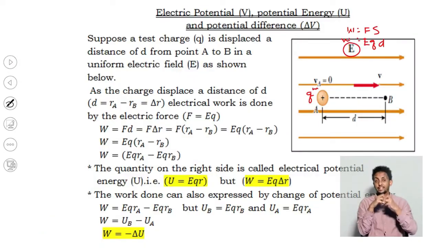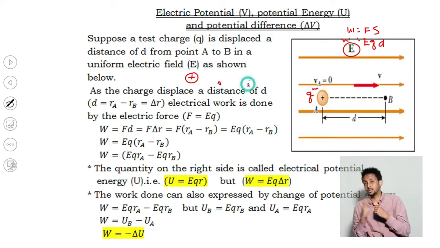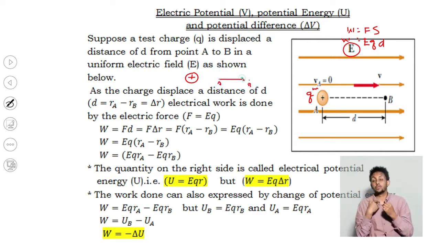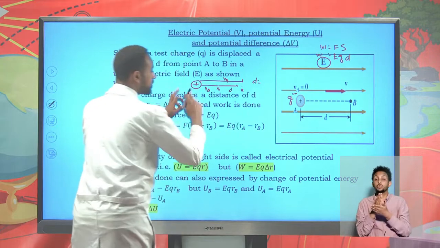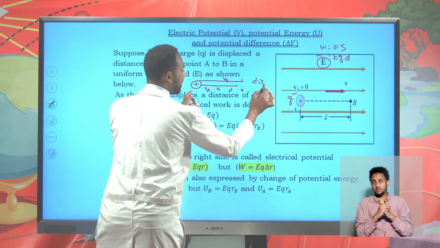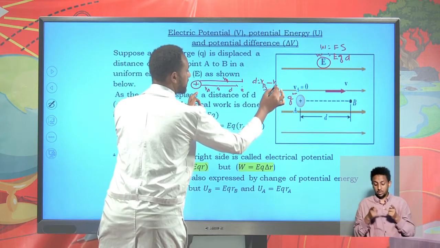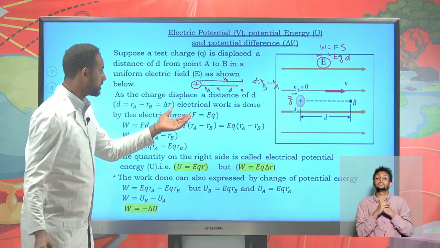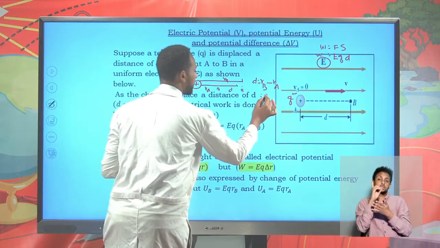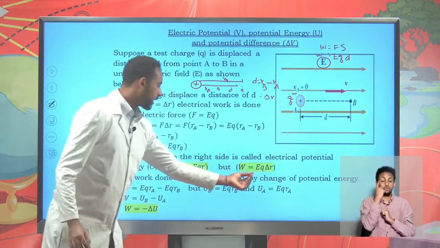For example, if you have a point charge as a source, and a test charge drifted from point A to another point B, you can express the distance from the source to B as R at point B, and the distance from the source to A as R at point A. So the distance D is the difference of R at B minus R at A. Sometimes D can be expressed as change in R for point charges.